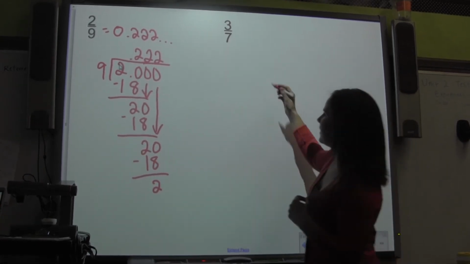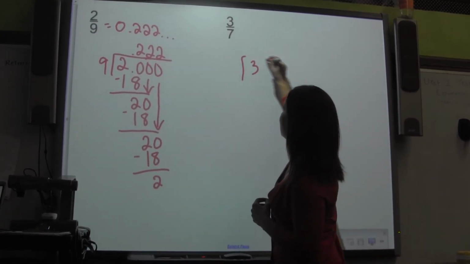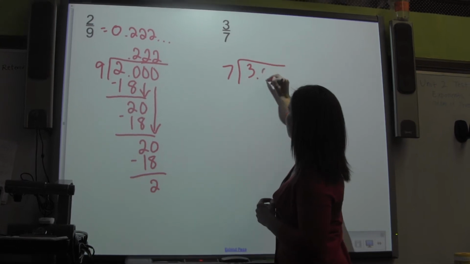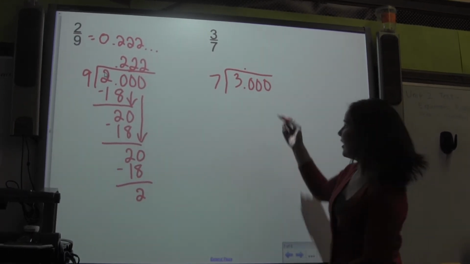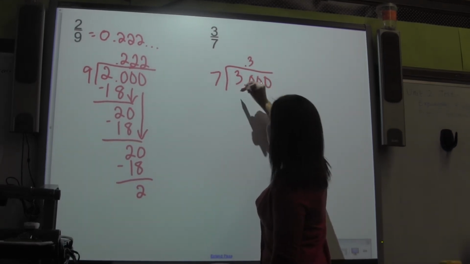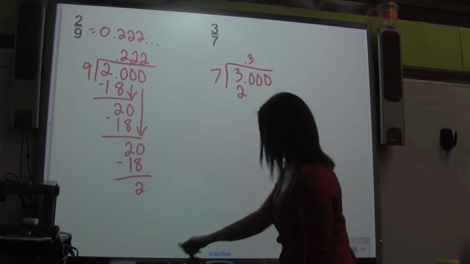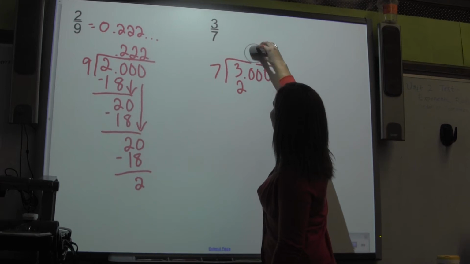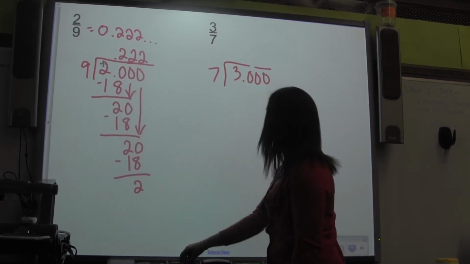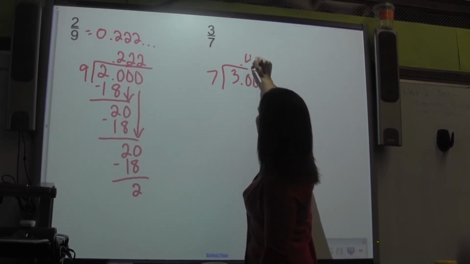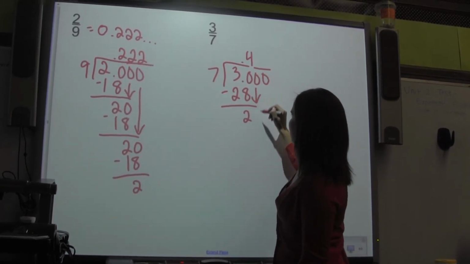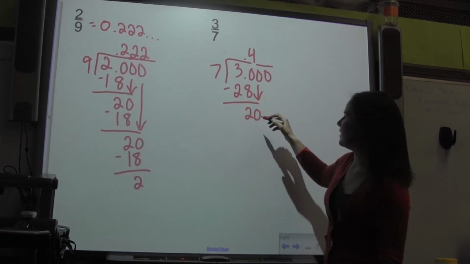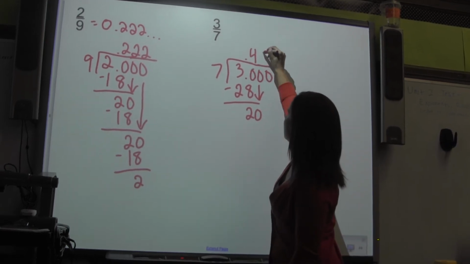Our last example here is 3/7. So 3 divided by 7. 7 goes into 30 3 times. That's 24 times. Sorry. 4 times. That's 28. 7 goes into 20 twice.